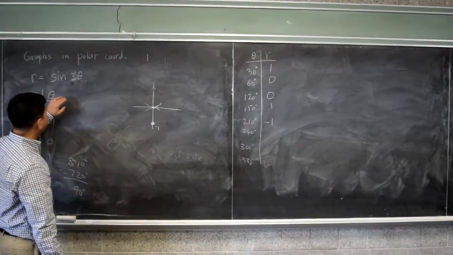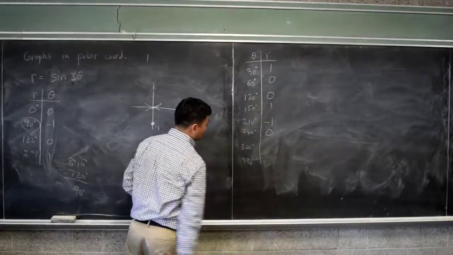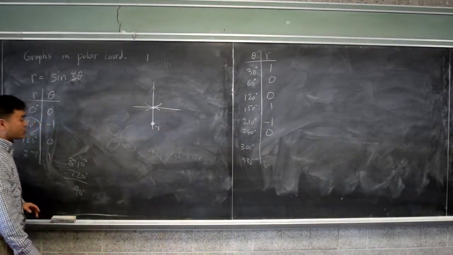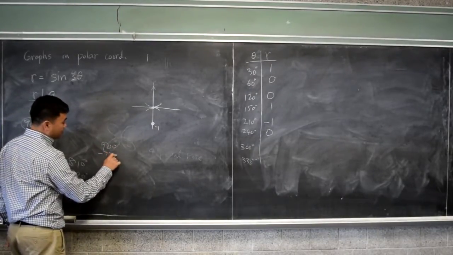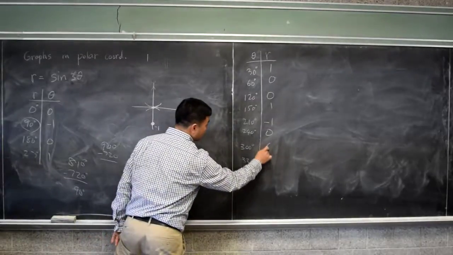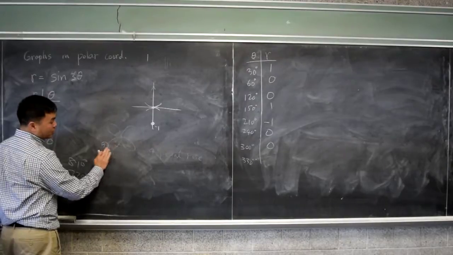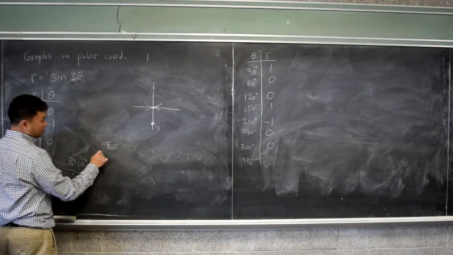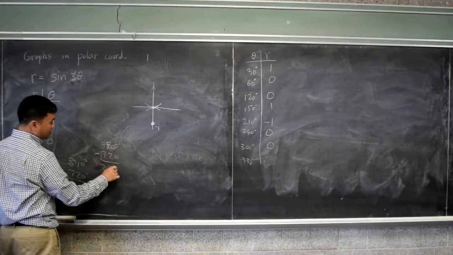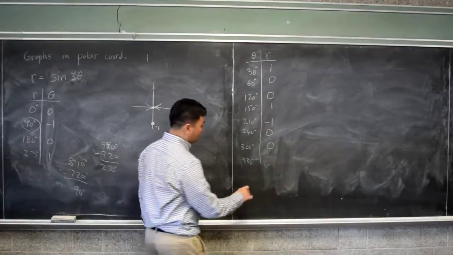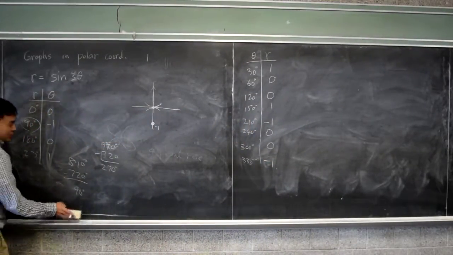And then 240 times 3 is 720, that's 0. 300 times 3 is 900. 900 minus 720 is 180, so it's 0 again. And then 330 times 3 is 990. If you subtract 720 from it, you get 270. Sine 270 is negative 1.